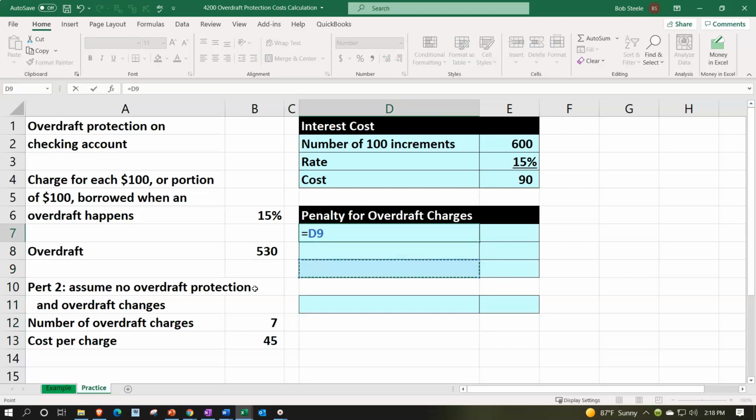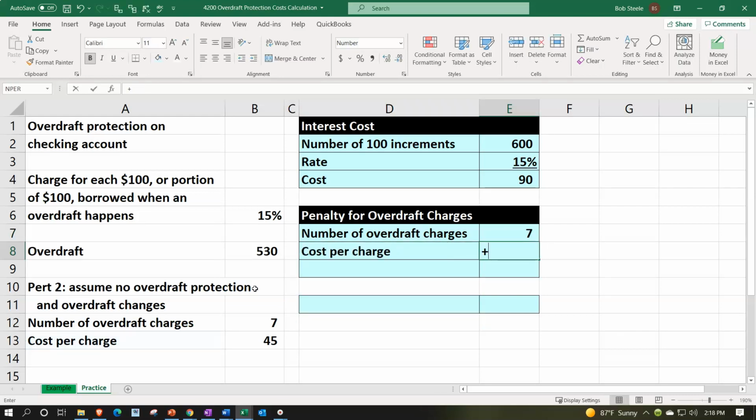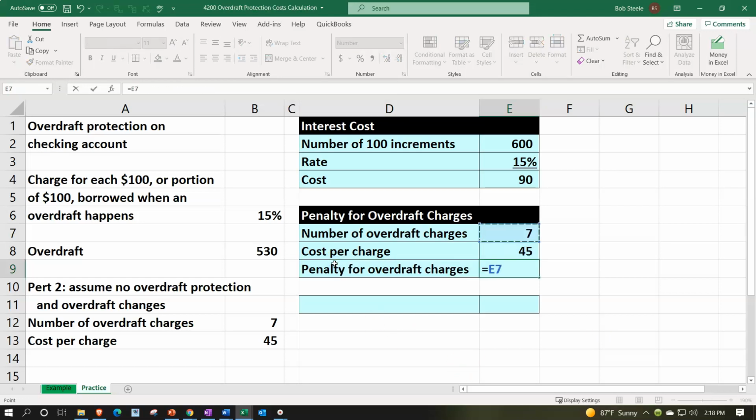But if we had 7, it would look something like this: number of overdraft charges, and would pick up the 7 versus, and then the amount or the cost per charge we're going to say is the 45, and that will give us the penalty for the overdraft charges. So I'll just call penalties for the overdraft, which will be equal to the 7 times the 45. And there we have the 315, font group and underline.